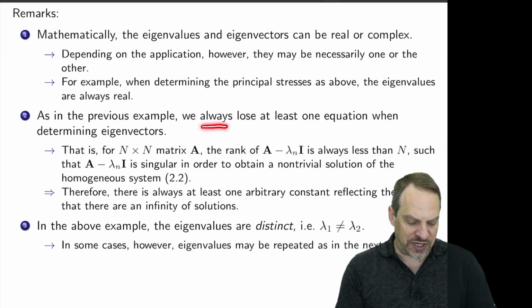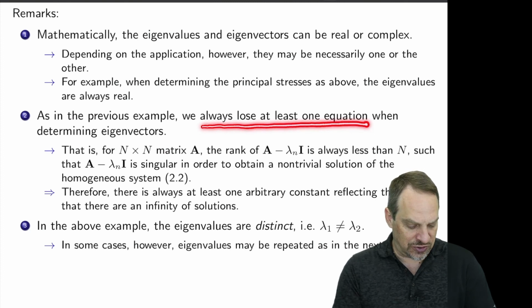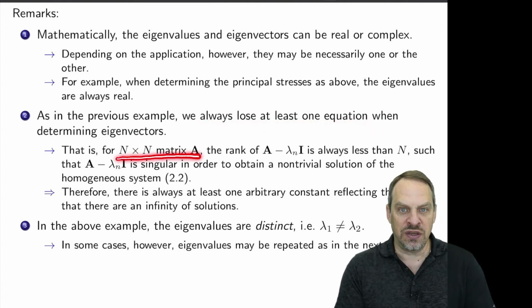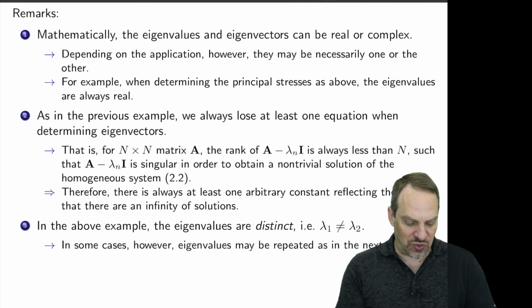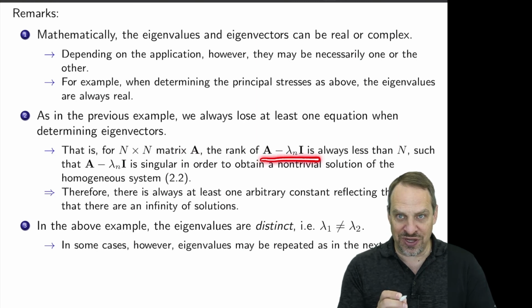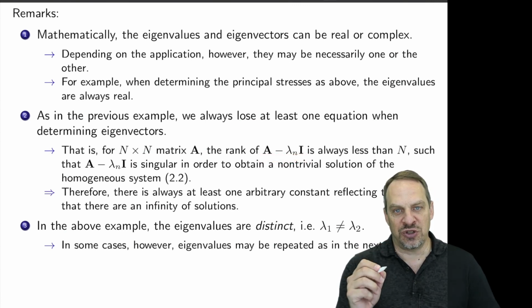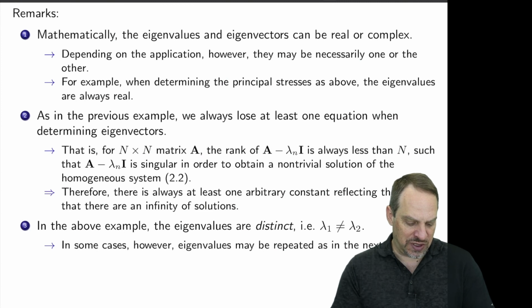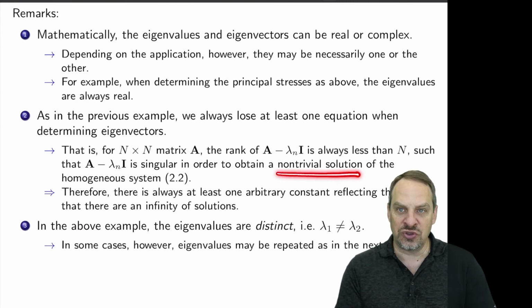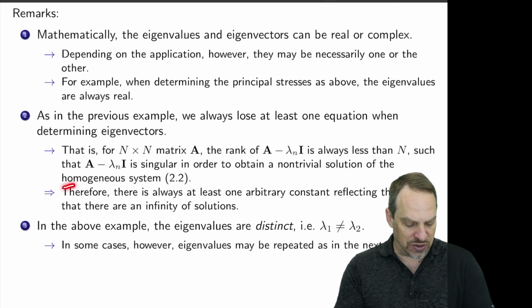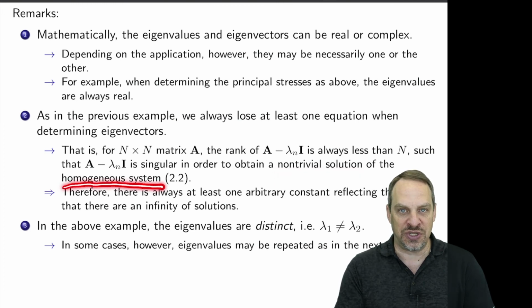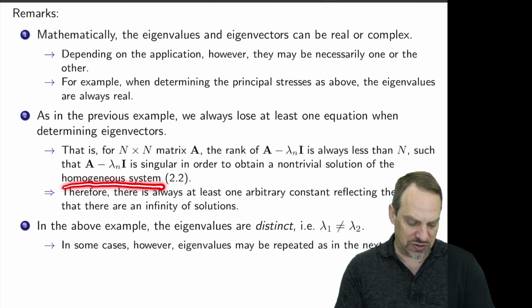Once again, I just want to emphasize this point that we will always lose at least one equation. So we start off with an n by n matrix A, and what we're saying is the rank of A minus lambda I, not the rank of A, but the rank of A minus lambda I, is always less than capital N. It's a singular matrix, so the rank has to be less than capital N. And that's the only way that we can get a non-trivial solution, due to the fact that our eigenproblem gives us a homogeneous system of algebraic equations.